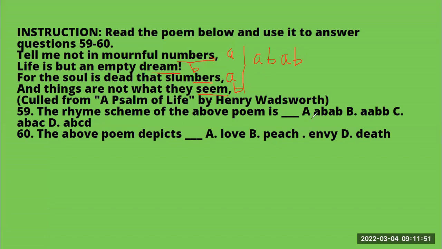And so when we have looked at this, then we go through the options. Option A is ABAB, and that's exactly what we have gotten here. So option A is correct. Option B, AABB, no. Option C, ABAC, no. Option D, A, B, C, D. Well, we are talking of sound, but we are using alphabet.